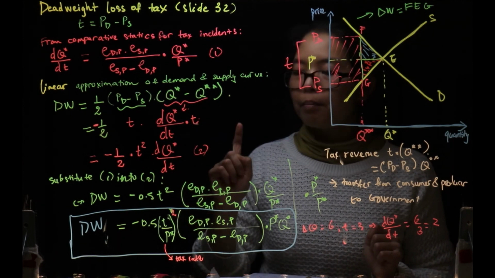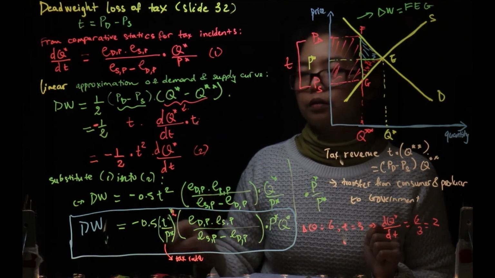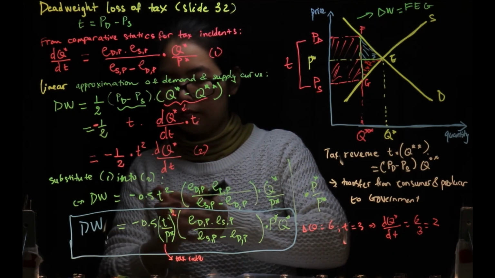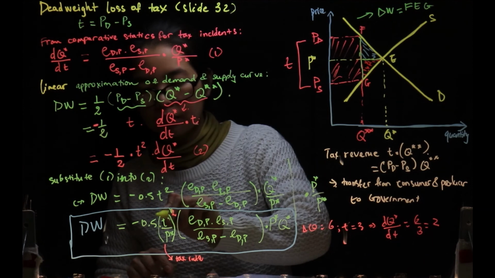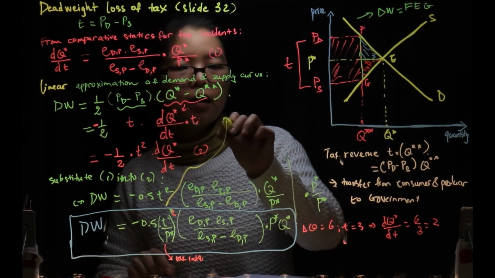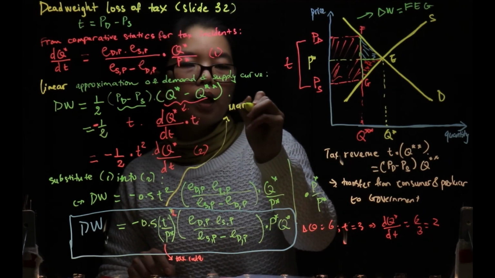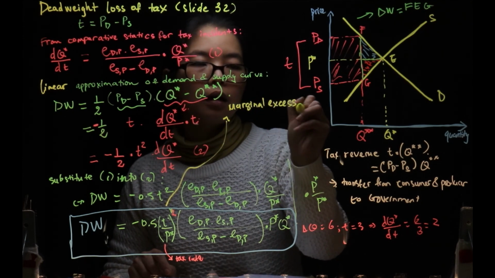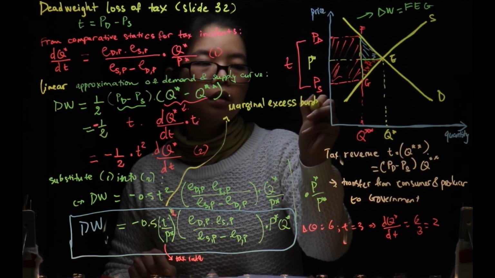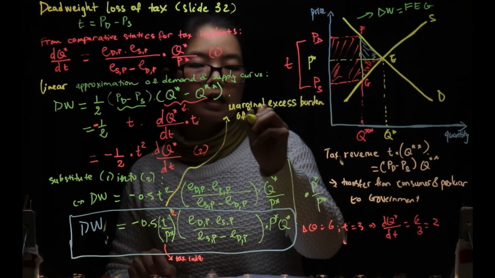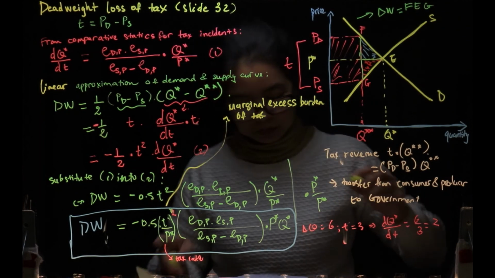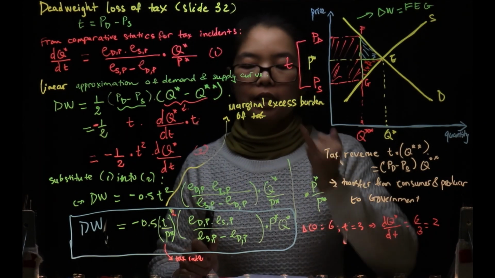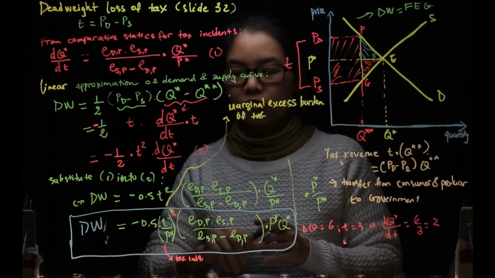That means the marginal excess burden of tax increases very quickly with the tax rate because it's to the power of 2, right?